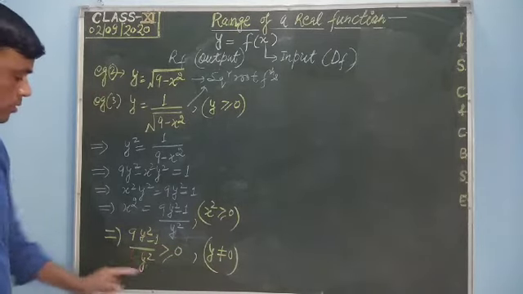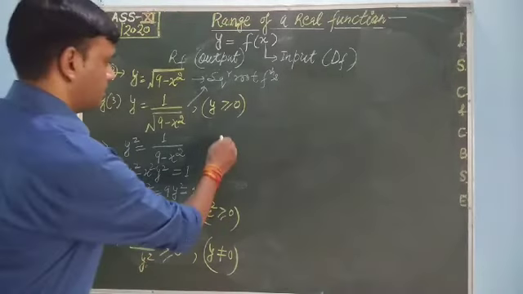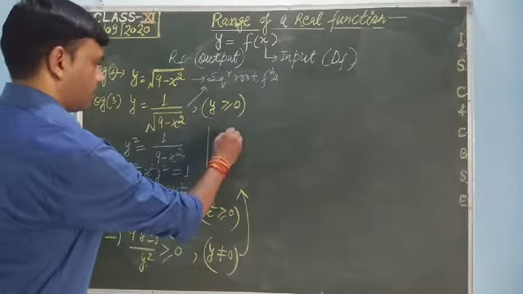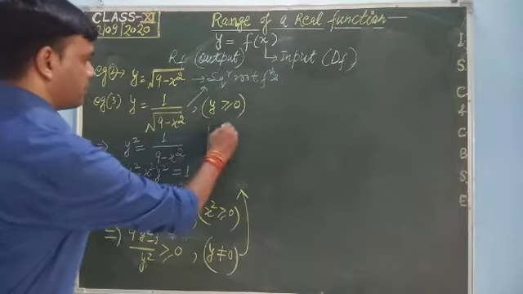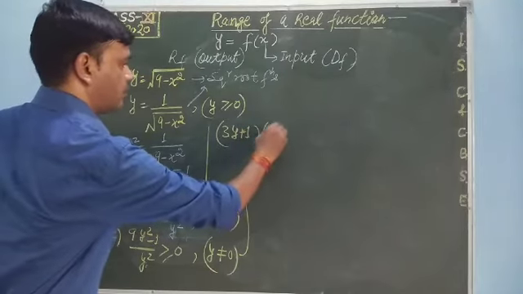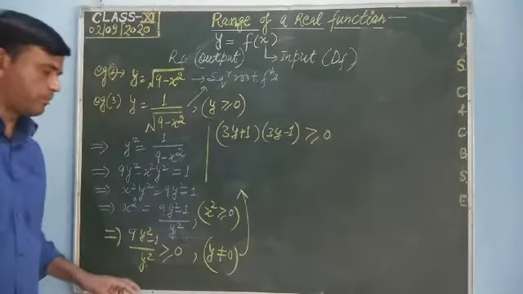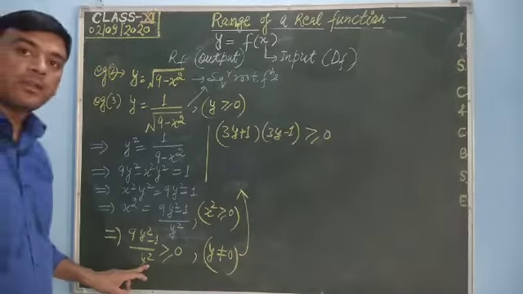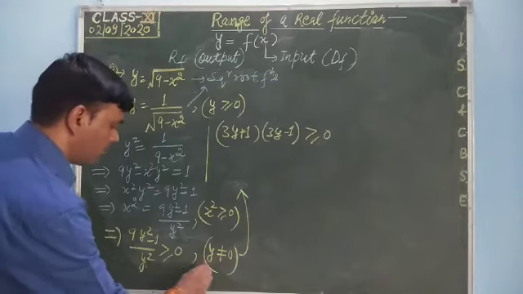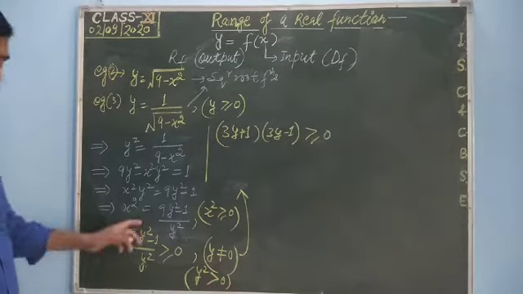So we will get 9y square minus 1 greater than or equal to 0. Making linear factors, we get 3y plus 1 into 3y minus 1 greater than or equal to 0, because y square is positive here, since y is not equal to 0, so that it is defined.